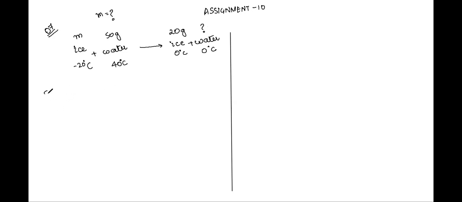According to mass conservation, m plus 50 is equal to 20 plus x, where x is the amount of water left at the end. So x is equal to m plus 30 grams, right?